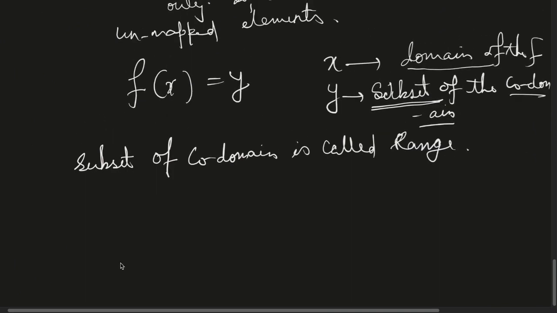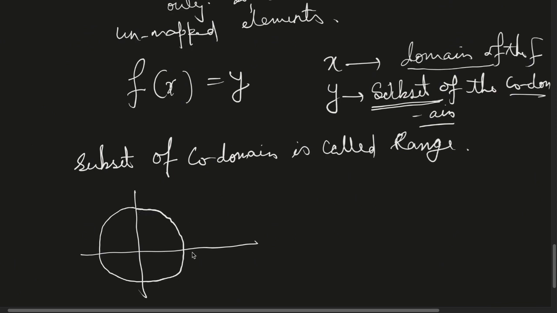Okay, now we'll see some graphical questions. Let us consider a circle with its origin at the center and having a radius of, let us say, 1 unit. This is your y, this is your x.